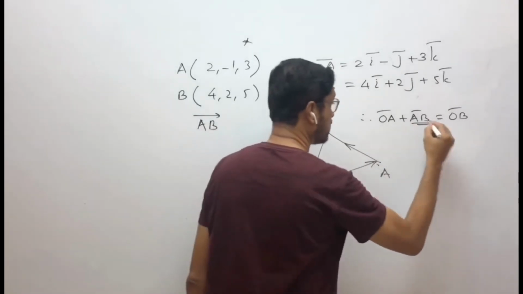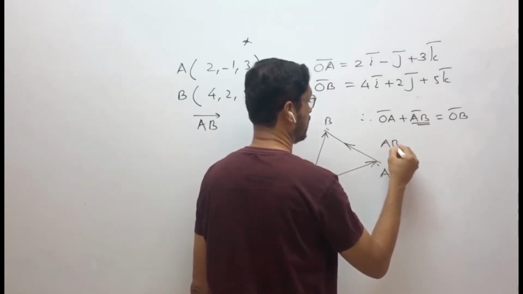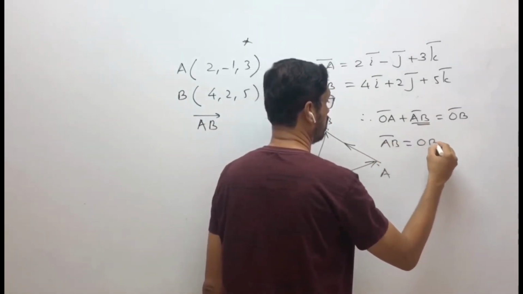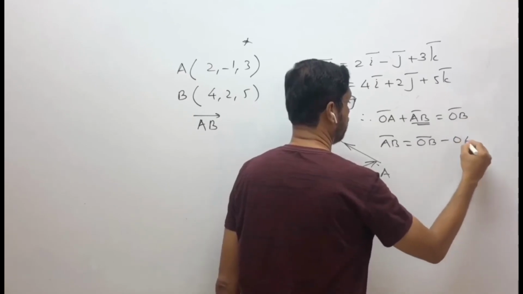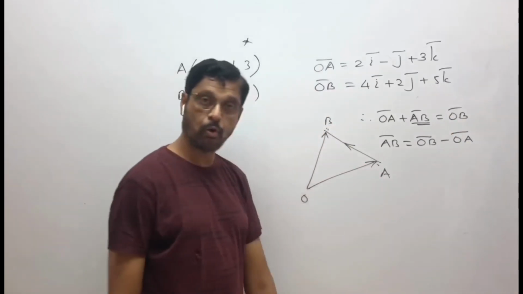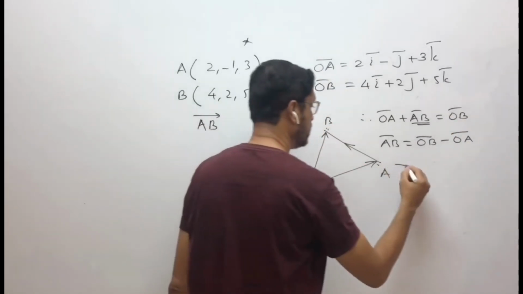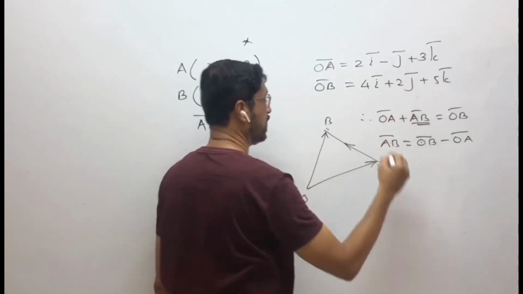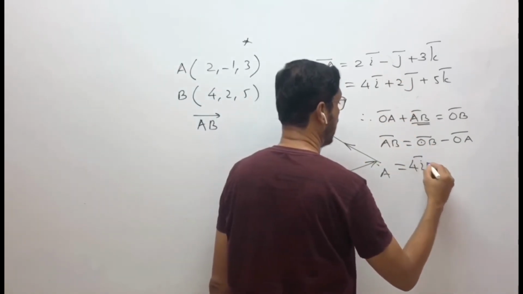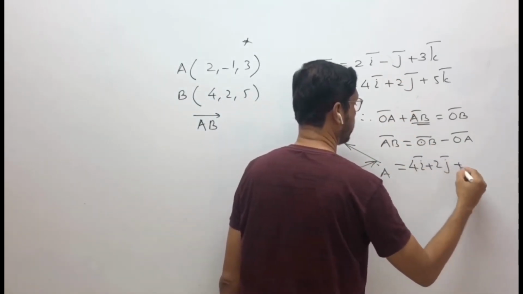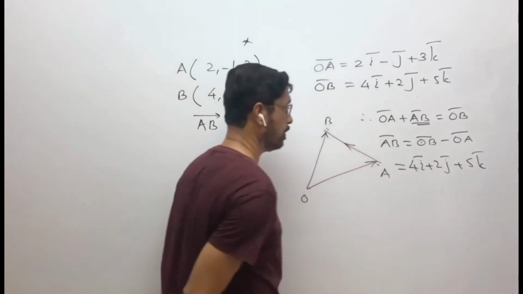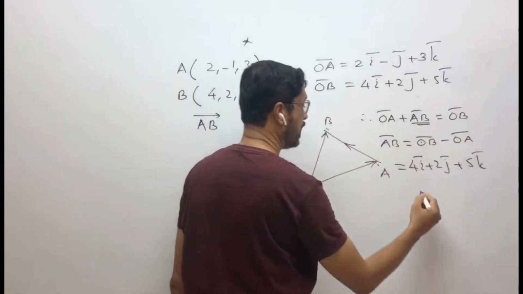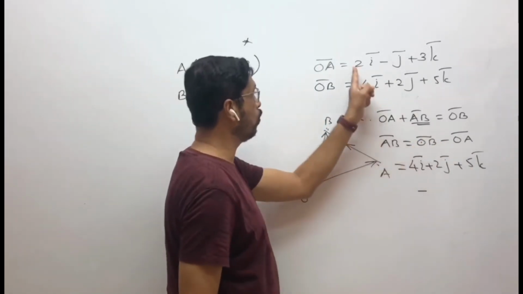You have to find this. So vector AB will be equal to vector OB minus vector OA. That is equal to vector OB is 4i plus 2j plus 5k and minus vector OA.